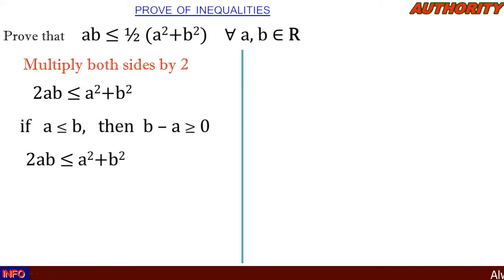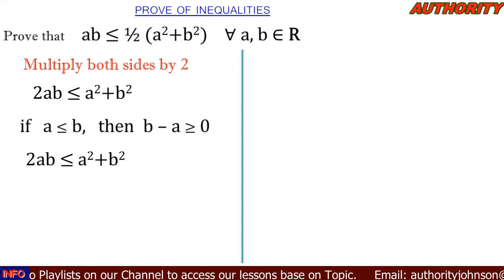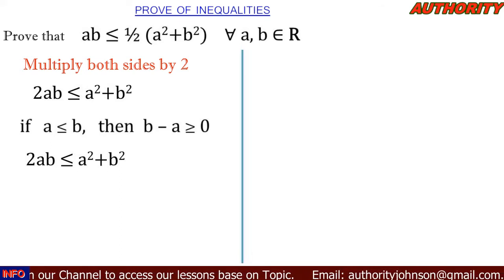Now we have 2ab is less than or equal to a squared plus b squared. What can we do here? Let's take 2ab to be our a, and a squared plus b squared to be our b. So when you say b minus a, it should give us something greater than or equal to 0. Now let's take 2ab to the other side.